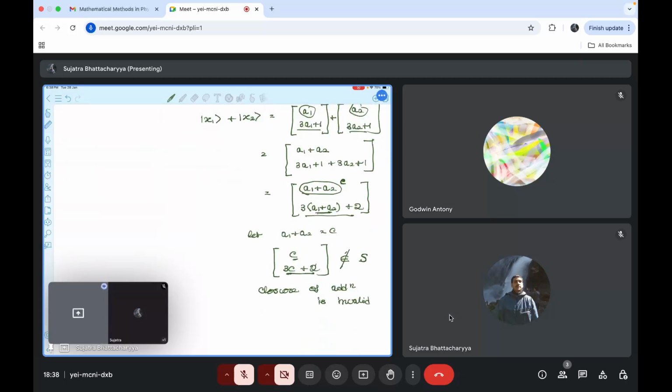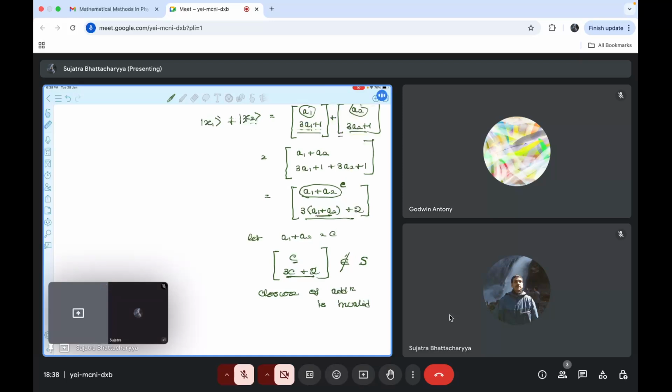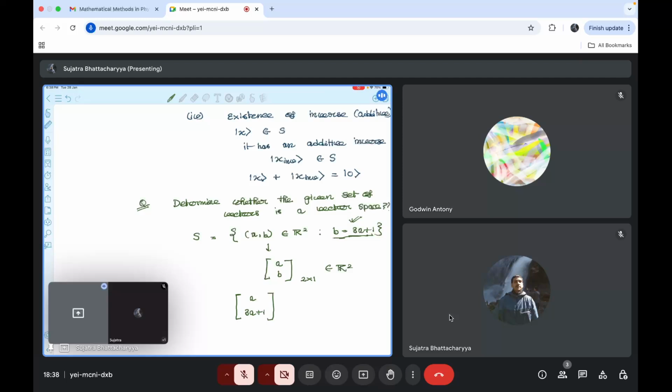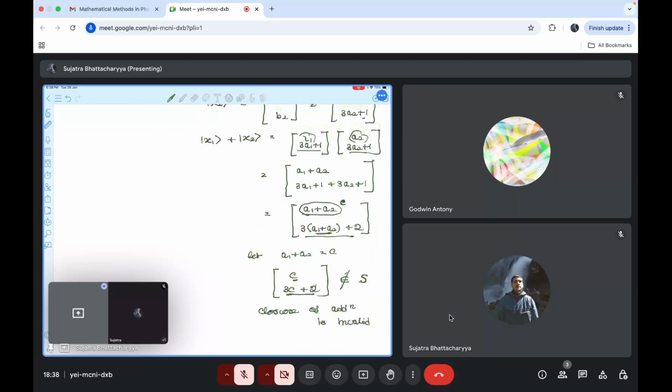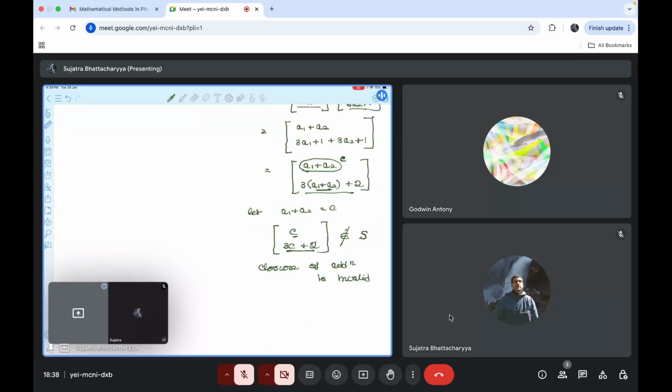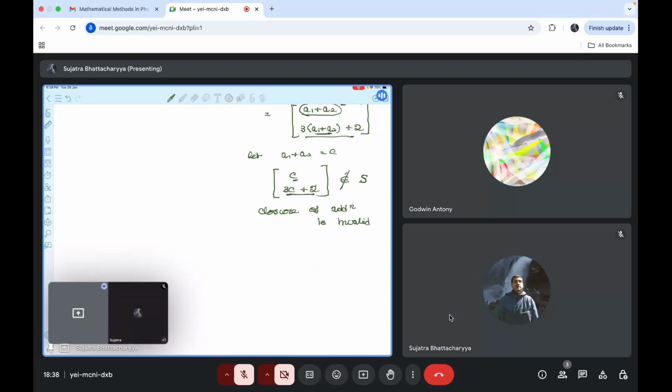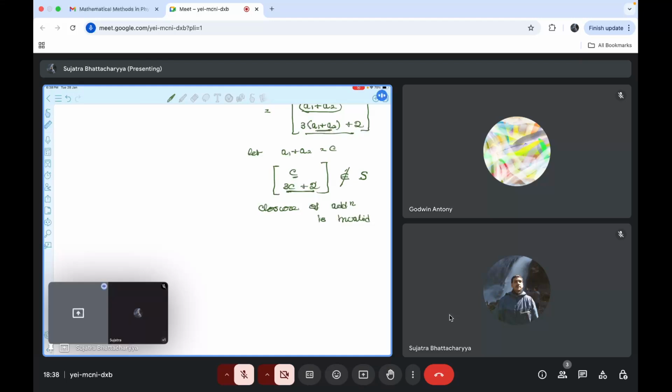But you are getting 3c plus 2. That means it is not following the same relationship. 3a plus 1 is coming from this relationship, and that is not being followed. That means it is not belonging to this set. And hence we cannot say that this is a valid vector space. From here only, we can say that it is not a valid vector space.